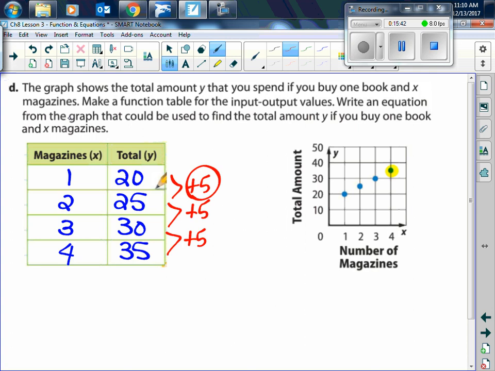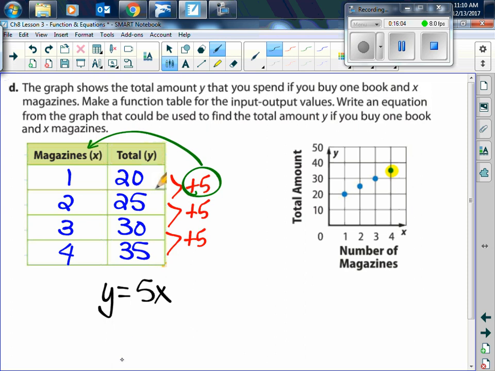Take that 5 and we multiply it times the input, right? Okay. So we get y is equal to 5x, right?